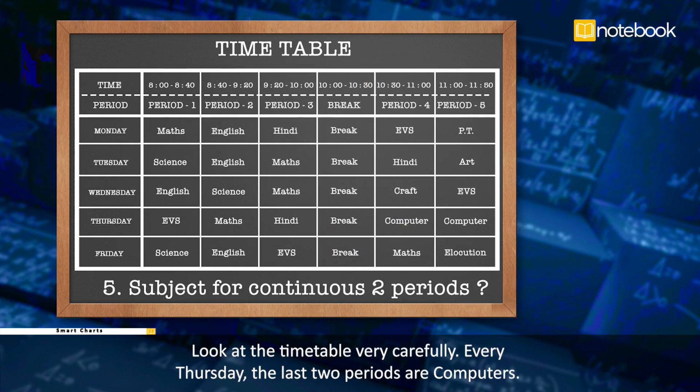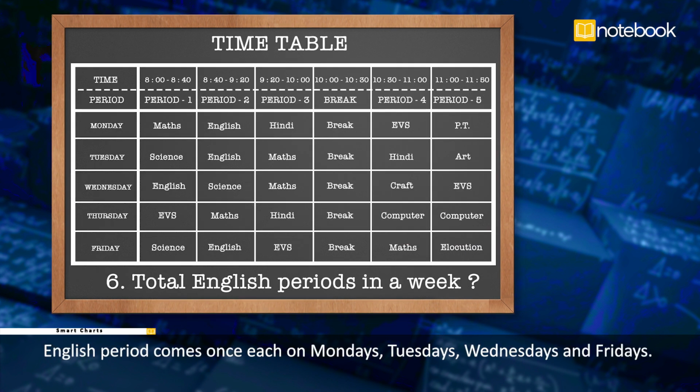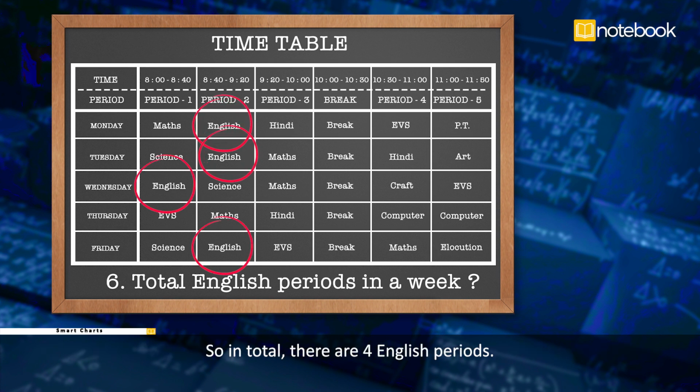Look at the timetable very carefully. Every Thursday, the last 2 periods are computers. That is the answer to the 5th question. English period comes once each on Mondays, Tuesdays, Wednesdays and Fridays. So in total, there are 4 English periods.